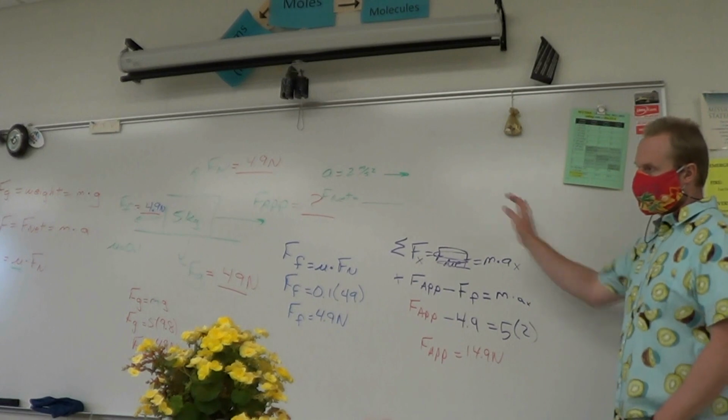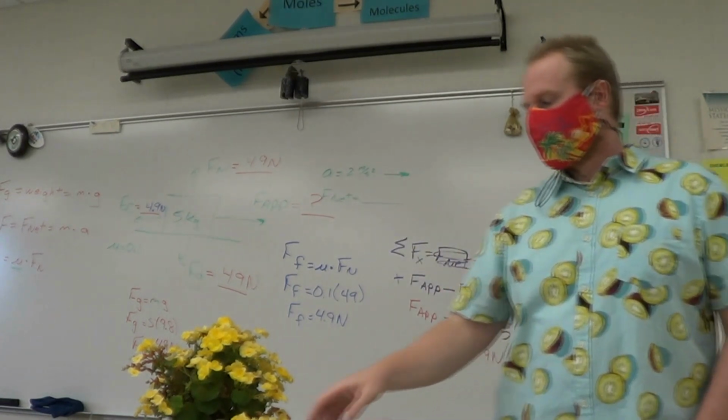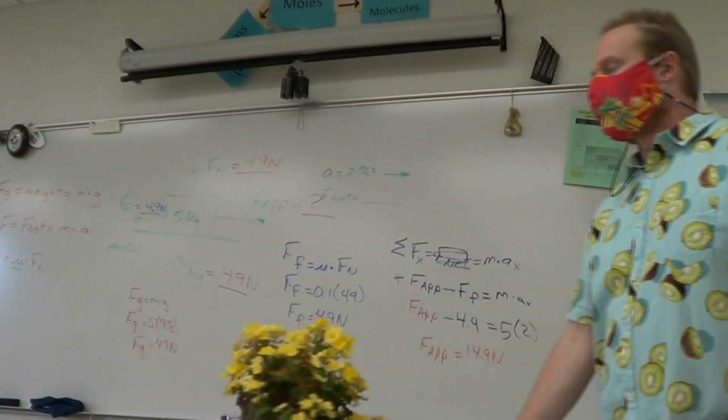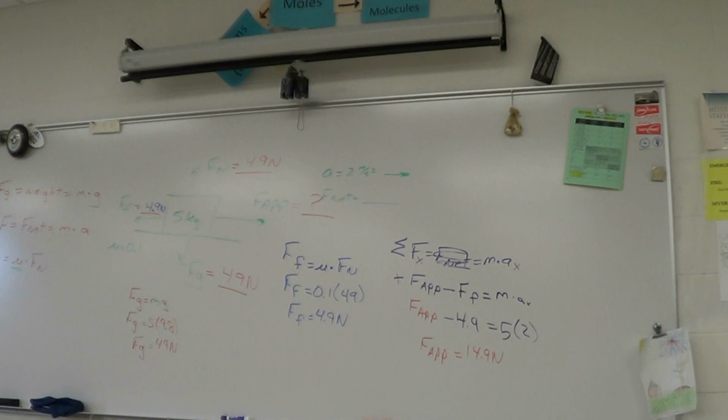Now I'm not saying Newton's second law is the exact same in this one as it is in that one. It might be, it might not be. But the idea is each and every time you use Newton's second law, you look at the situation you have and you build it to match the situation you have. So why don't you give that a try? If you get stuck, we'll talk about it in just a little bit.